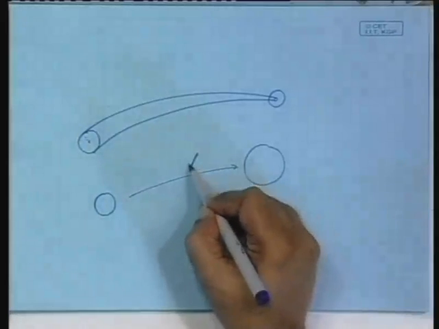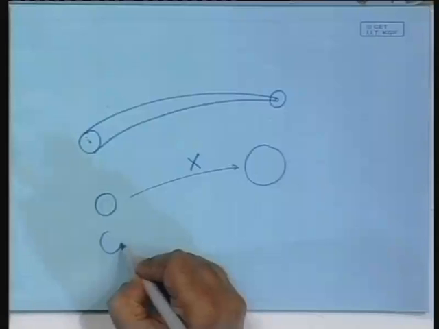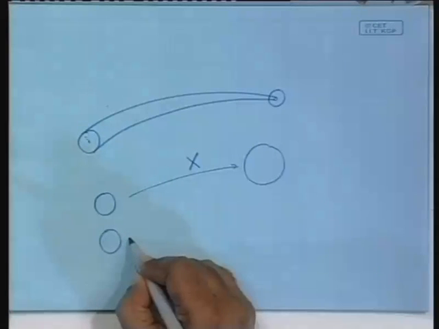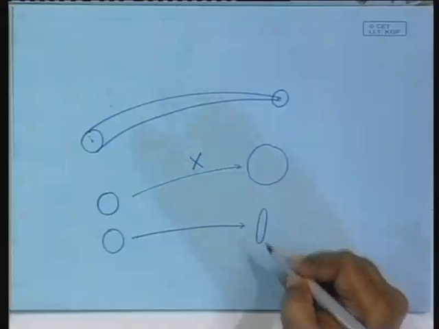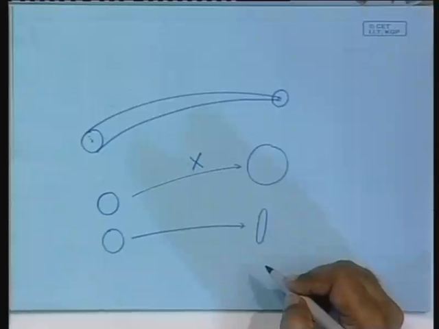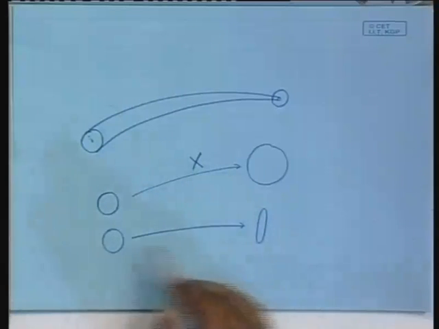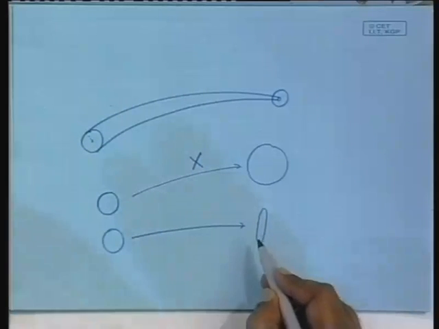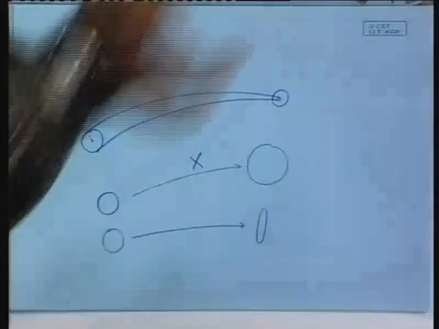So this is not true. Is it possible to have it like this? That means it takes the shape of an ellipse. If it takes the shape of an ellipse, then the major axis might keep on increasing and go to infinity.